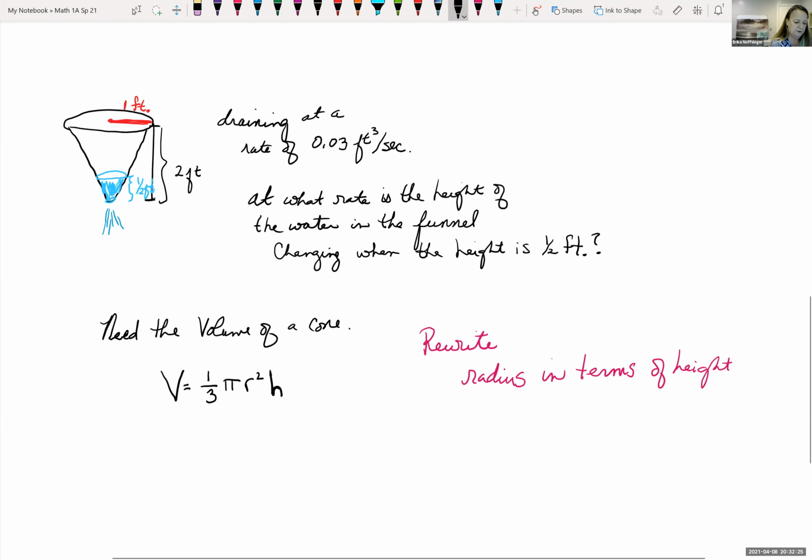And if you think about it, this cone can be thought of like a triangle. And so here we have R, and here we have H.